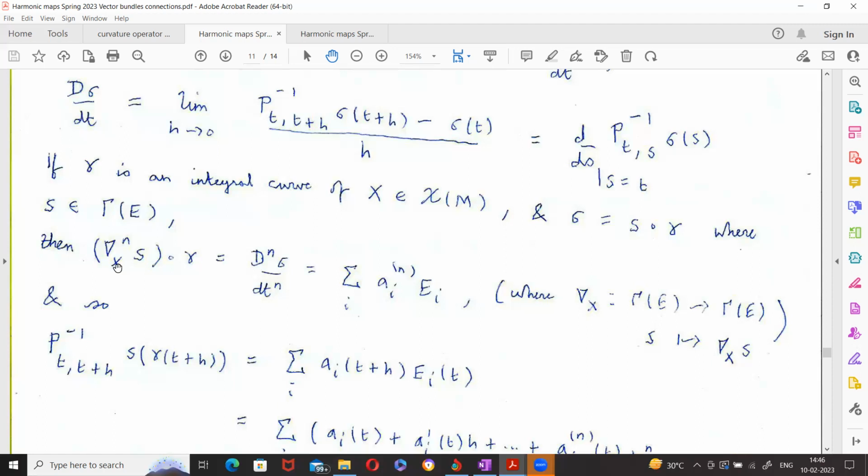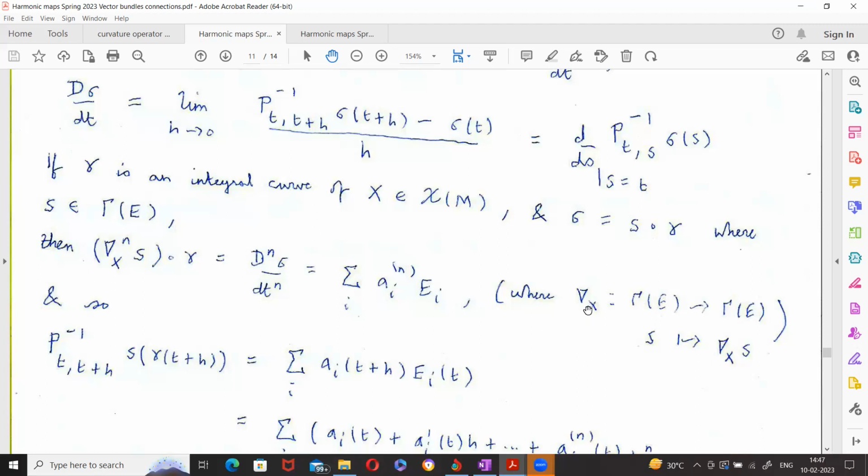Then what happens if I apply nabla_X n times to S? Along gamma, this is just the covariant derivative D/dt applied n times to sigma. And with respect to the basis of parallel sections E_i, this will be given by just differentiating the coefficients a_i n times, right? Okay.